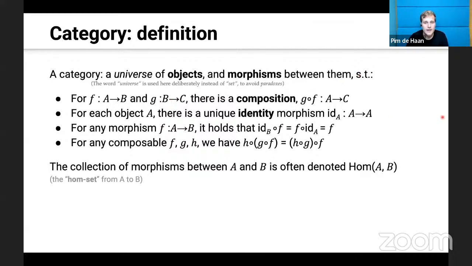For every object, there is an identity morphism to itself, and this identity morphism needs to satisfy an identity law, meaning that if you apply the identity before or after a morphism, you get the same morphism, and composition needs to be associative. We'll be referring to the set of morphisms from an object A to an object B as the hom set from A to B.